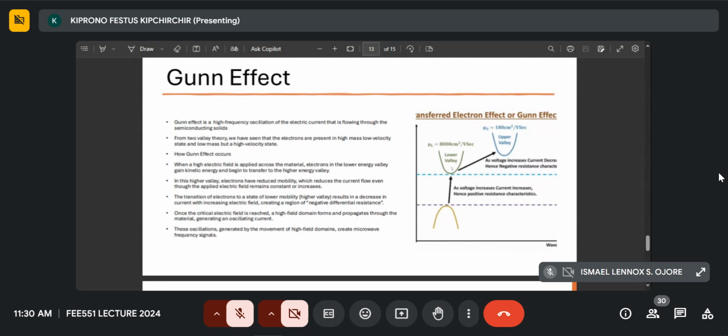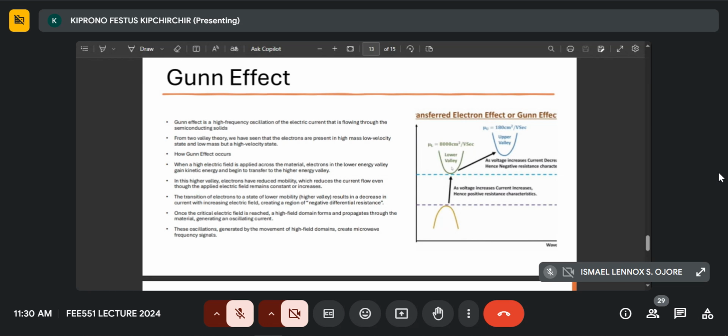If we continue applying electric field, more electrons in that domain are propelled towards the upper valley, but the current relationship does not hold. The transition of electrons to a state of lower mobility results in a decrease in current with increasing electric field, creating a region of negative differential resistance.